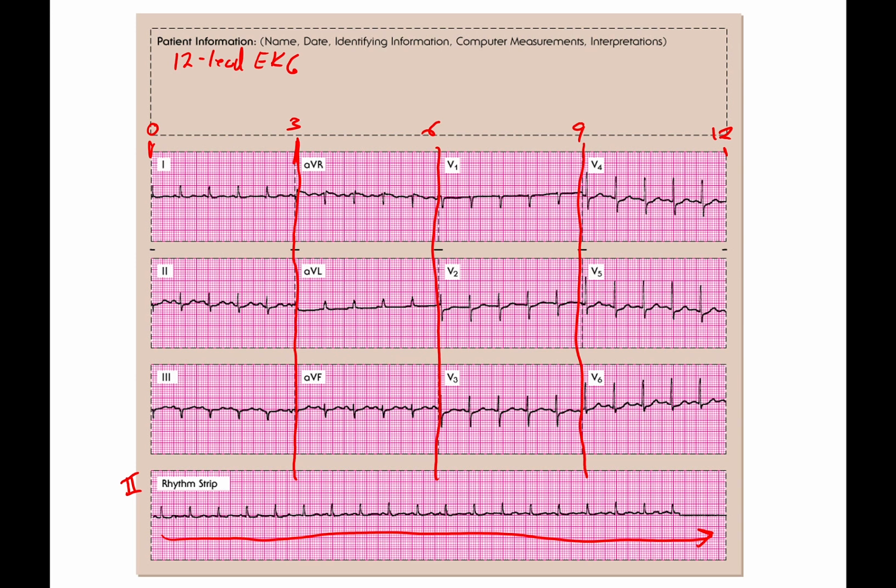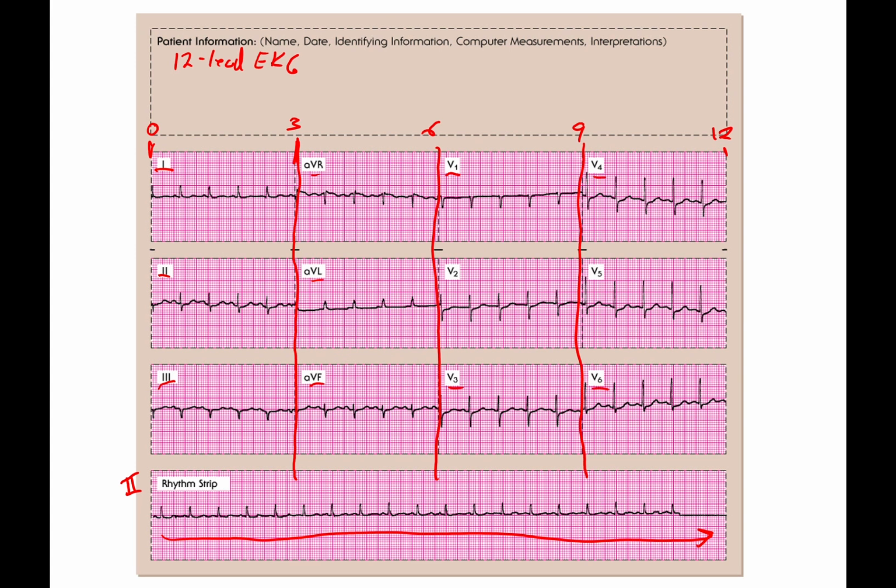These upper parts, however, are notably different. 12 leads are divided up into vertical sections so that you'll see how lead 1, 2, and 3 are all in the same column. AVR, AVL, AVF are in their own column. So on goes with, there are V leads with V1 through V3 and then 4 through 6.